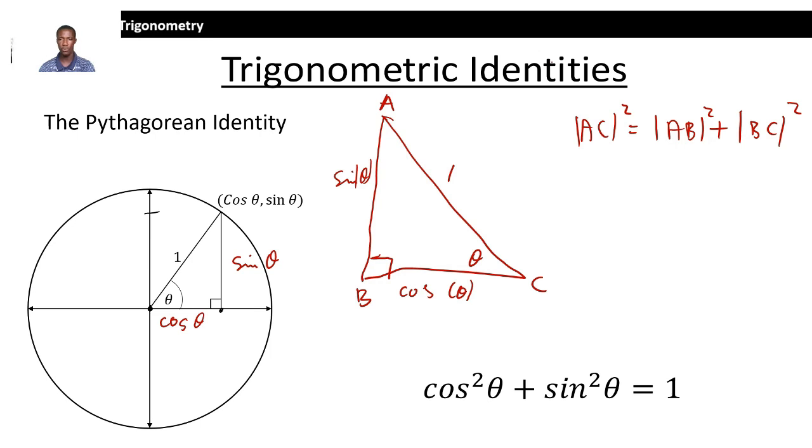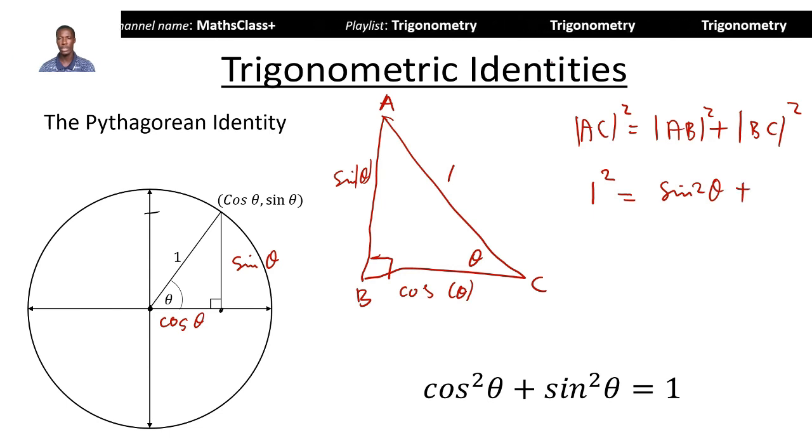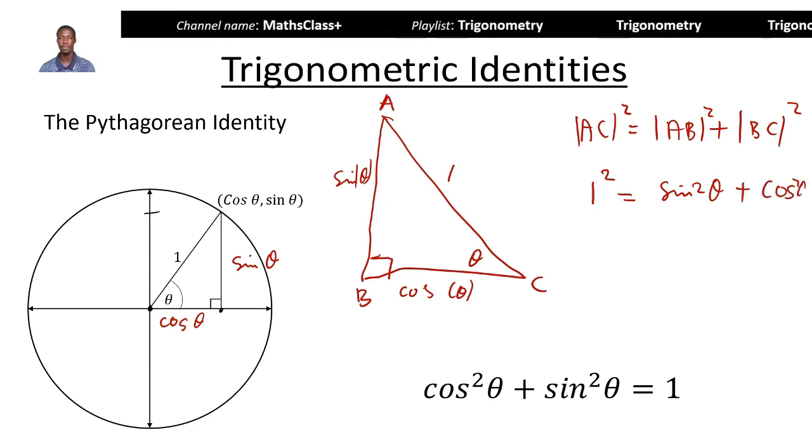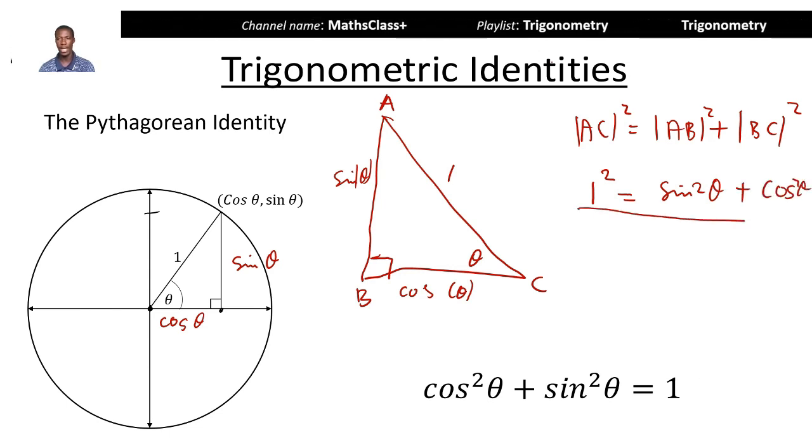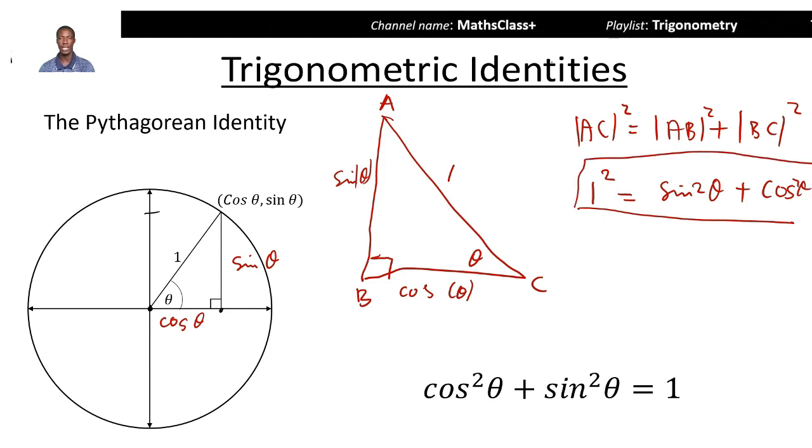Now for the length AC, we have it as 1, so 1 squared. For the length AB, we have it as sine theta, and for the length BC, we have it as cosine theta. So we have sine squared theta plus cosine squared theta. So this is our first trigonometric identity. So we take note of that.